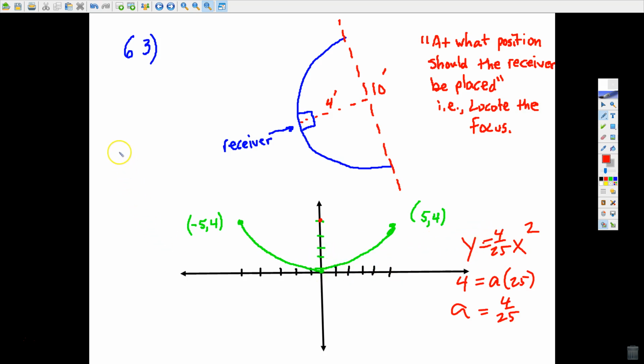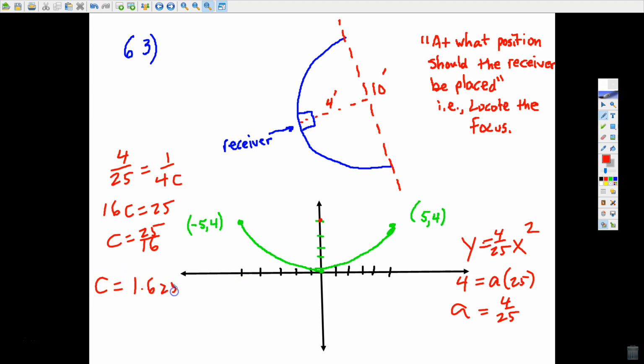Well, if I know what A is, I can do the absolute value of A equals 1 over 4c, and now you can solve for c and get the focus, and if you do, 16c is equal to 25. And does anybody have a calculator in front of them? 25 divided by 16, it's 1.5625, I think.